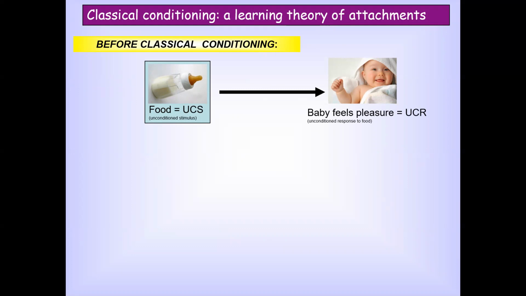So food is the unconditioned stimulus, which generates an unconditioned response of pleasure, right? It gives the baby a feeling of pleasure because it's taking away the hunger. The child didn't need to be taught that. The child didn't have to be taught how to eat or what food does. So now we need to understand what our neutral stimulus is. So there we go, we have our baby crying.